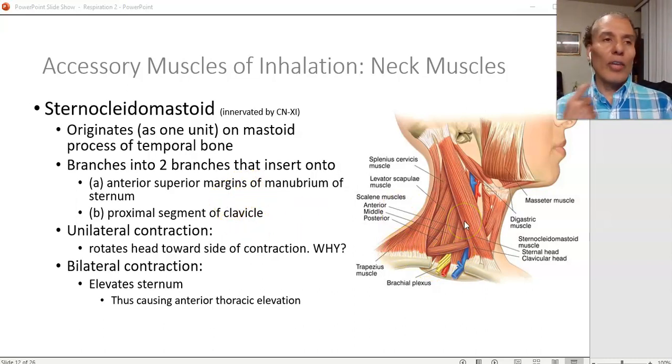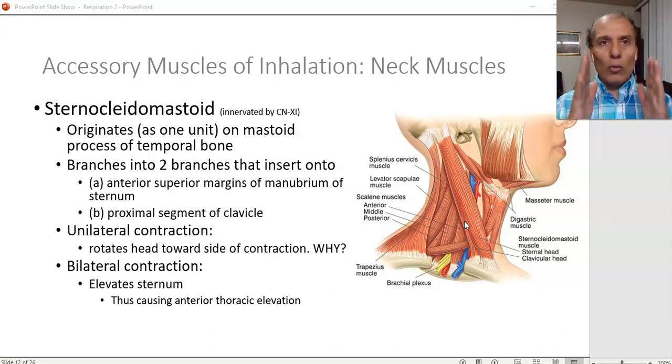So the unilateral contraction is going to pull the neck toward the side of the muscle. So this muscle is here. I'm sorry, here. When it contracts, it will pull the head toward itself. So unilateral contraction of the sternocleidomastoid produces neck rotation.